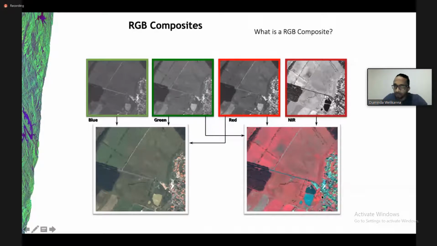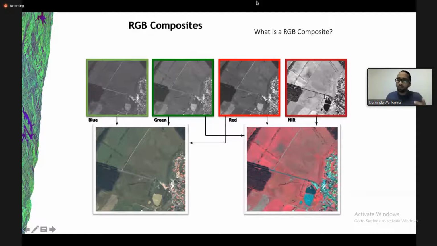Lush vegetation will be bright, while the soil and places where there is less vegetation will be more or less green and blue color, because near infrared is now in the red band. So this is a false color composite. This is a true color. This is a false color. Why? We are changing the combination. We are changing the composite.